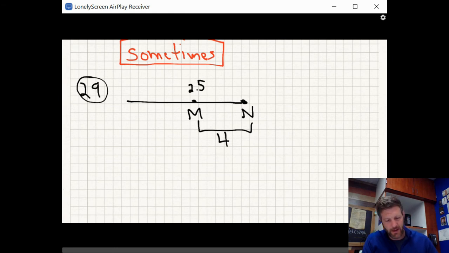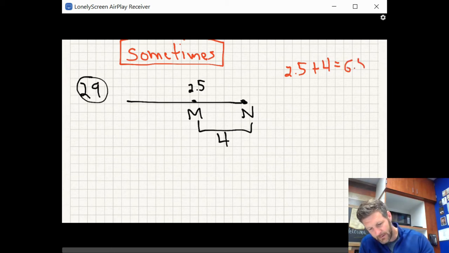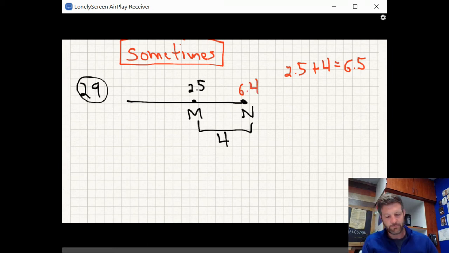Well, if I'm at 2.5 and I have to travel a distance of 4, then it must simply be 2.5 plus 4. That would be 6.5. So that would imply that n's coordinate is 6.5 because it's 4 away from the 2.5.